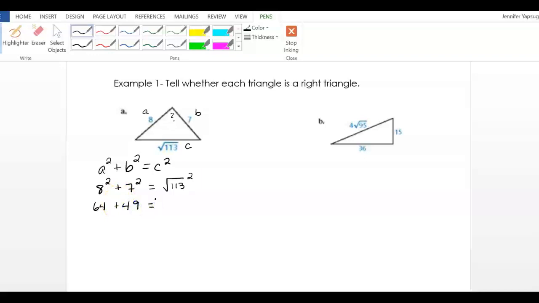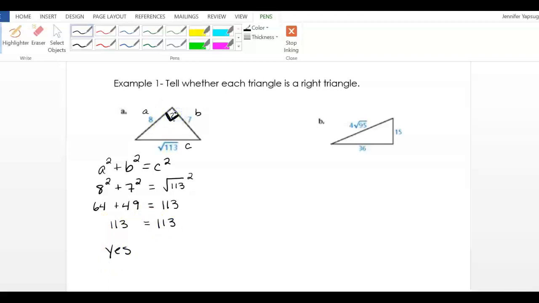And then if I take the square of a square root, that undoes the radical, so I just get an answer of 113. So now I just need to check, does 64 plus 49 in fact give me 113? So if 113 is equal to 113, therefore, yes, this triangle is a right triangle. So I can go ahead and put that right angle symbol in.